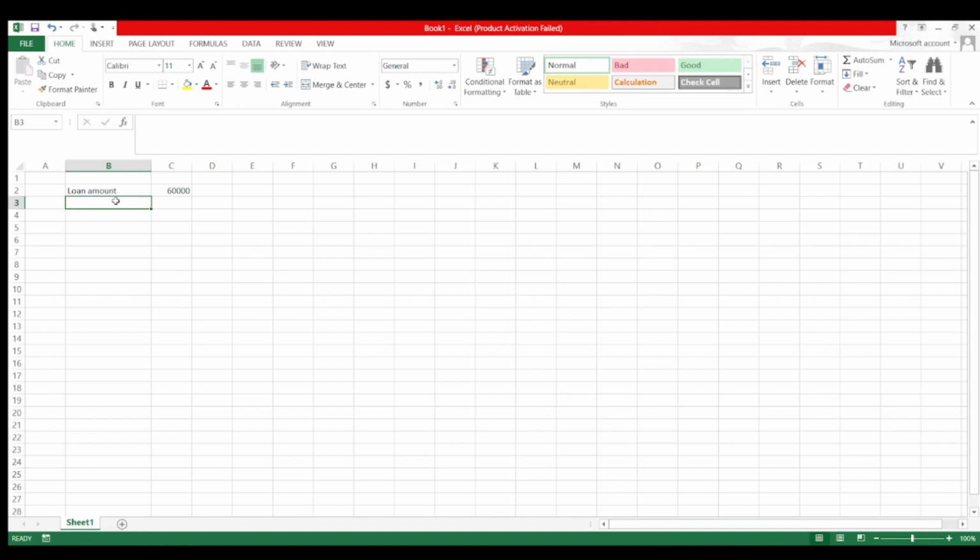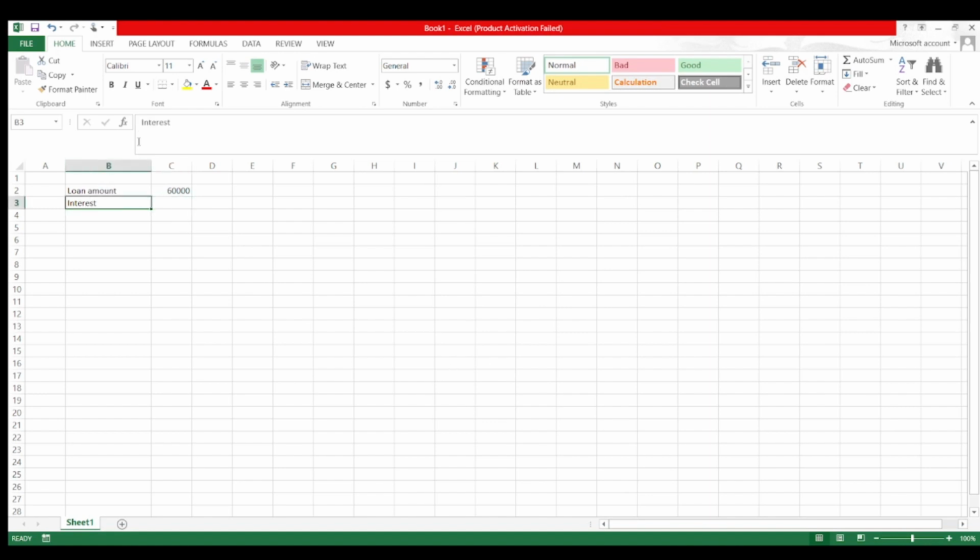Then the interest rate, in this case, is 4%. Another thing to note is this interest rate is annual.